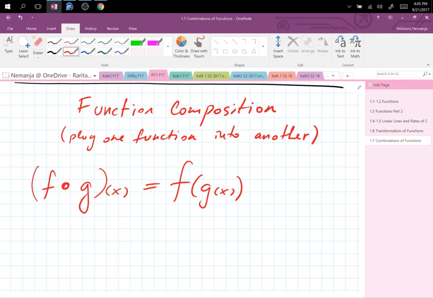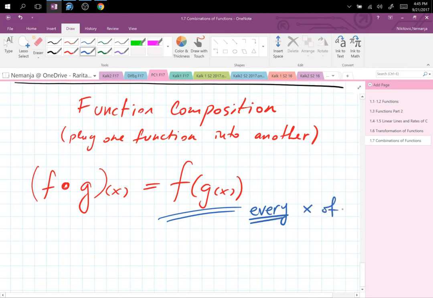I will write that. This notation here, I would say, clearly tells us that every x of f is replaced by g of x.